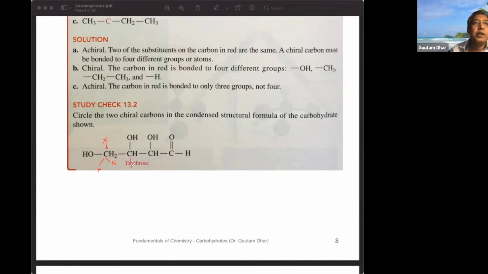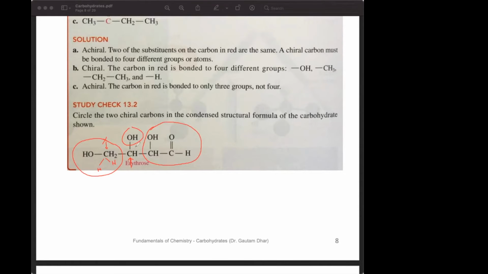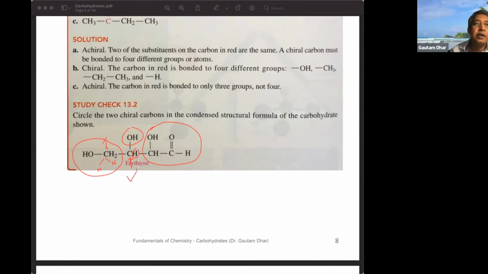If you look at this one, is this chiral? You have this group, this group, this group, and a hydrogen. So all four are different, so this is chiral.